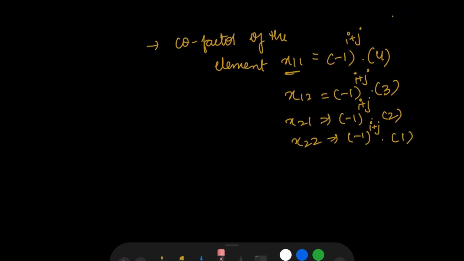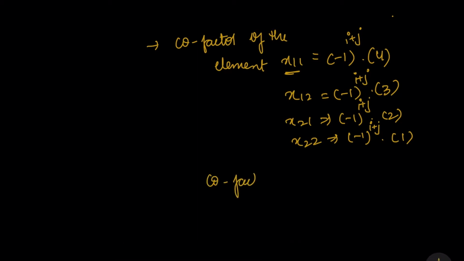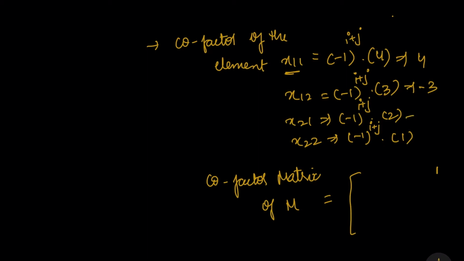The cofactor matrix of M will be equal to, what will this be? For x11, i is equal to 1 and j is equal to 1, so this will be 4. Here i is equal to 1 and j is equal to 2, so this will be minus 3, and this will be minus 2, and similarly this will be equal to 1.